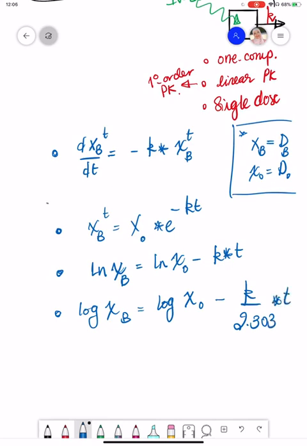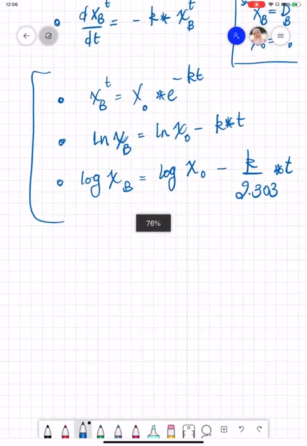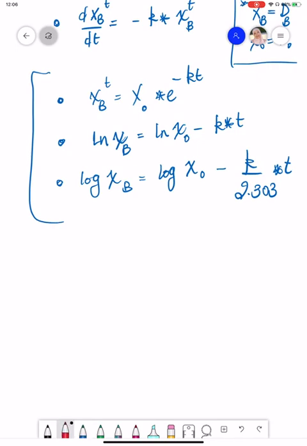Okay, those are the model equations that we will deal with, and we had different graphs: the rectilinear graph, the semilog graph, or the log transformed graph, or the ln transformed graph. Then we mentioned that the same equation could be in concentration terms, right?